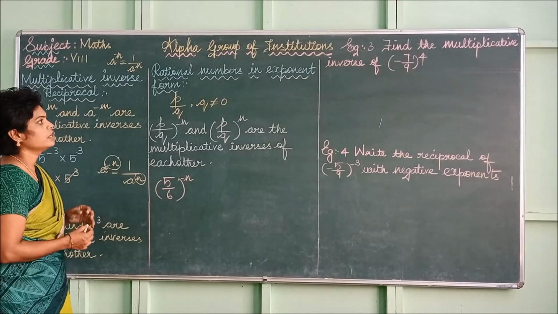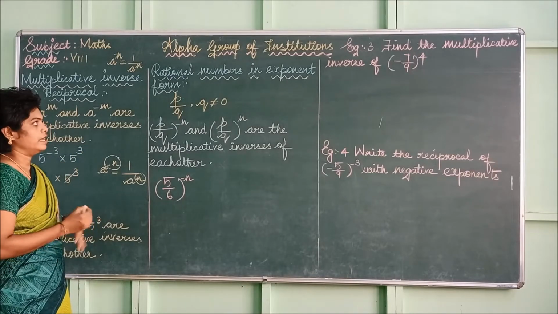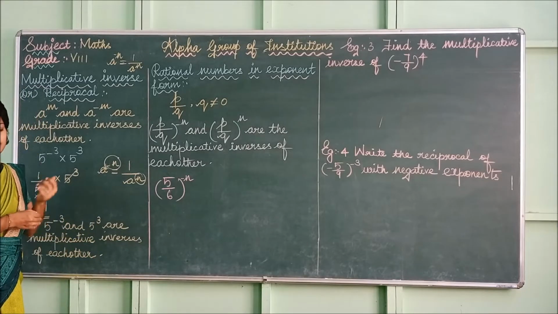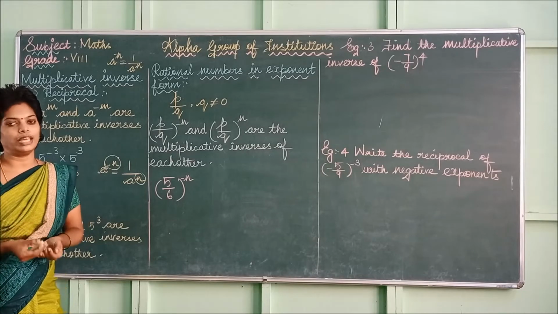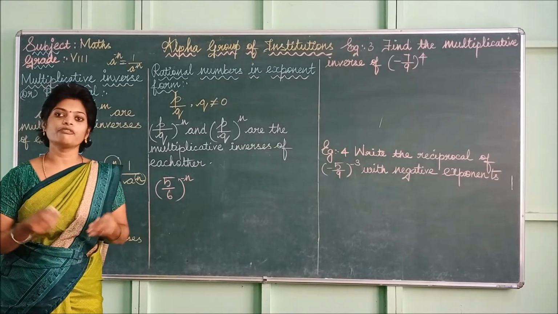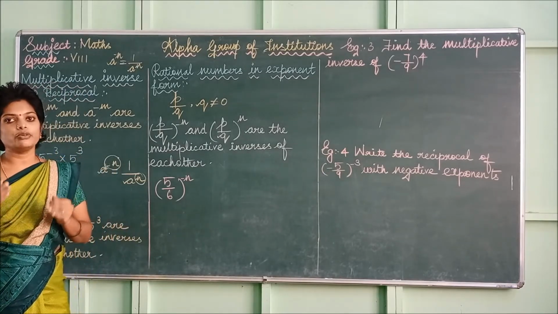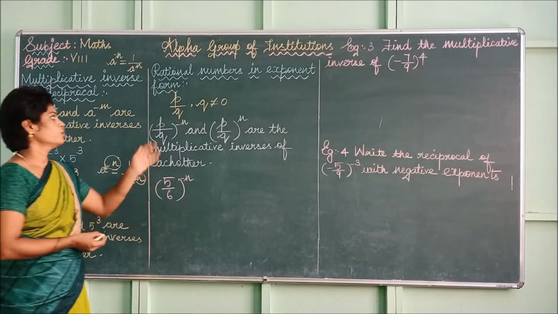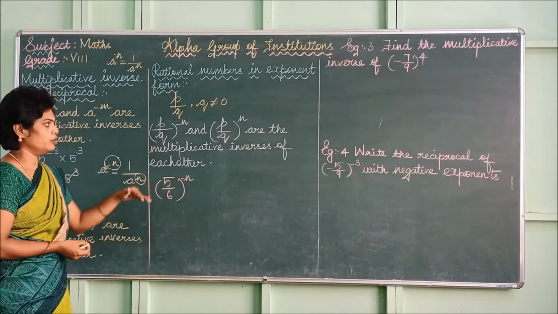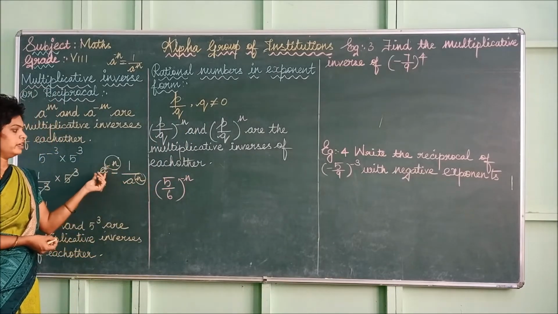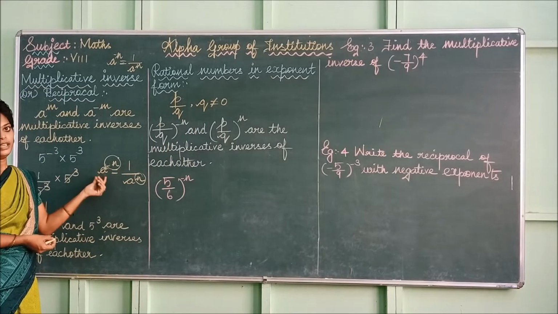So next one is rational numbers in exponent form. From the first chapter we have been seeing about rational numbers. So you are well aware of the rational number. It is in the form of p by q, where q is not equal to 0. Using a similar way, if it is an integer or any natural number, we can write a^(-n).